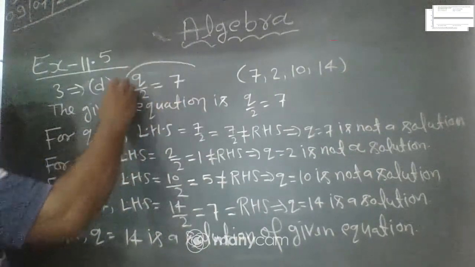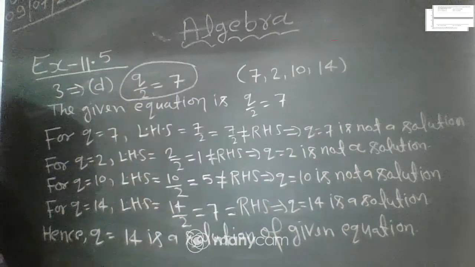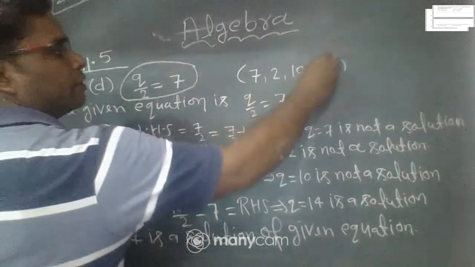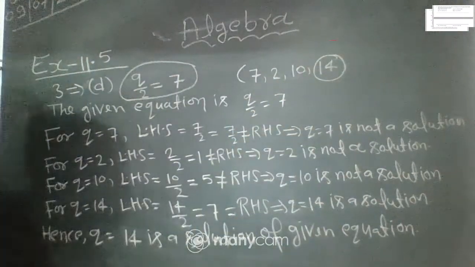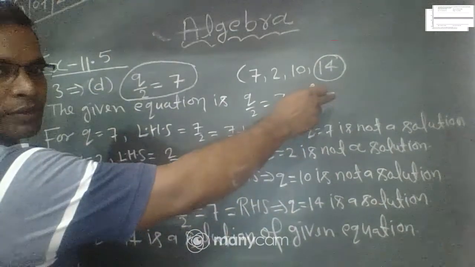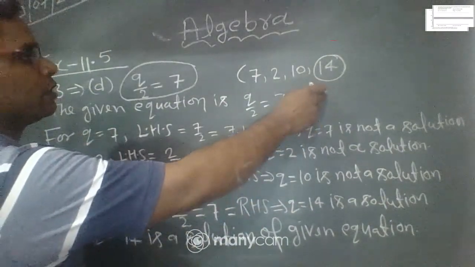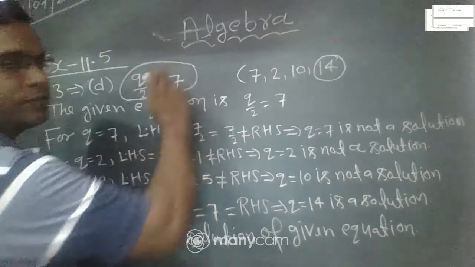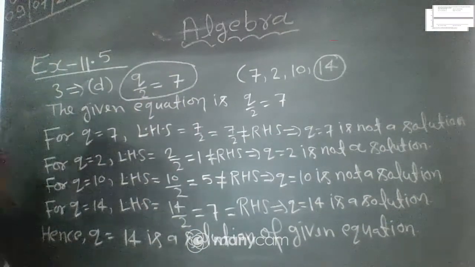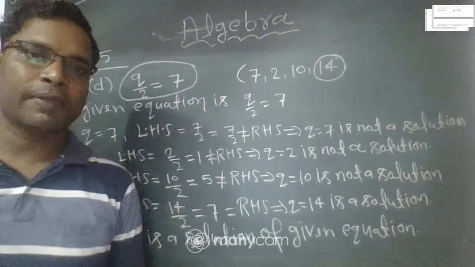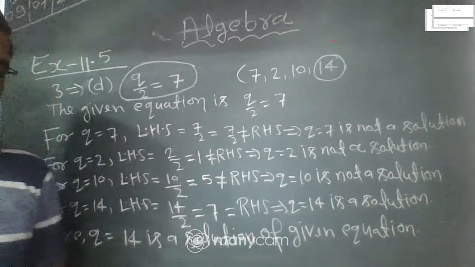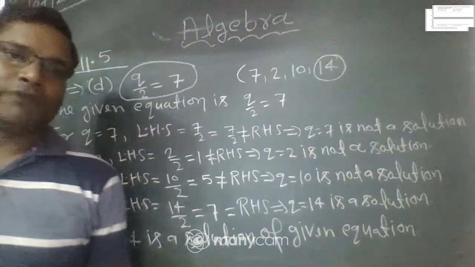This is our given equation, and the solution of this equation is 14. At 14 we find the left hand side is equal to the right hand side. Clear? So I hope all have understood.